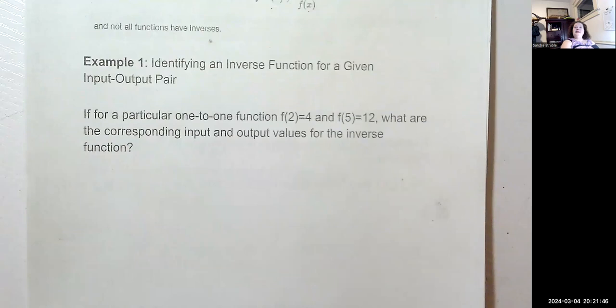Example 1, identifying an inverse function for a given input-output pair. If for a particular one-to-one function, that means for every x there's only one y, and for every y there's only one x, what are the corresponding input and output values for the inverse function?